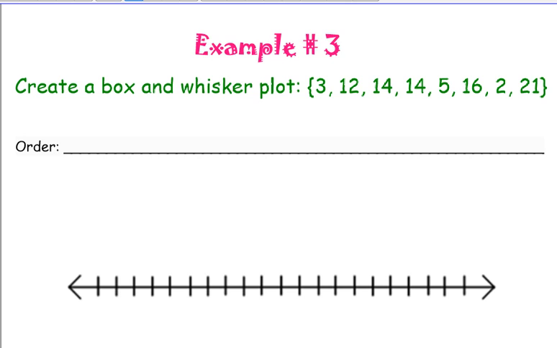Alright, let's do another example. I think we have one more after this. Let's go ahead and create a box and whisker plot. Let's put these numbers in order.